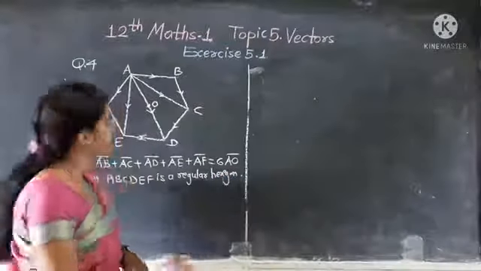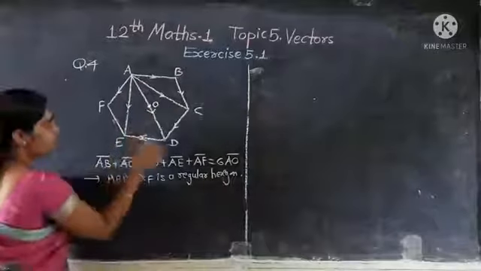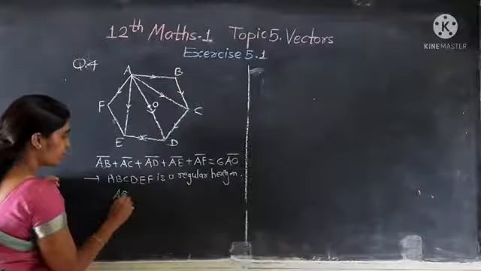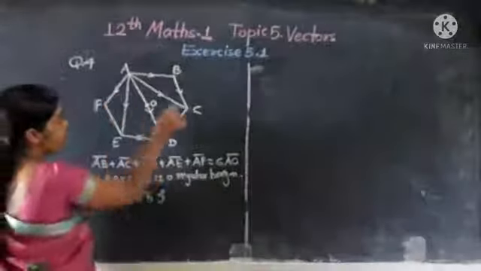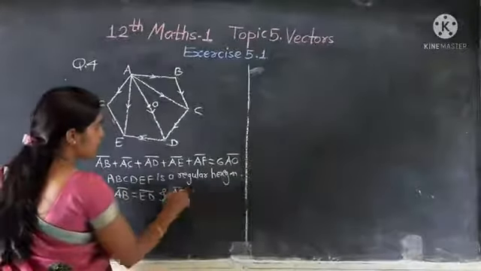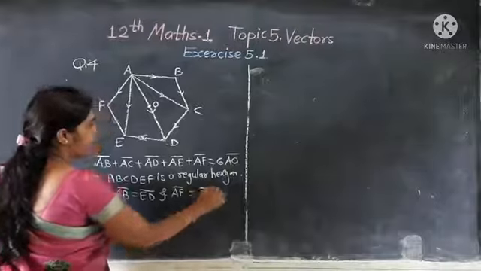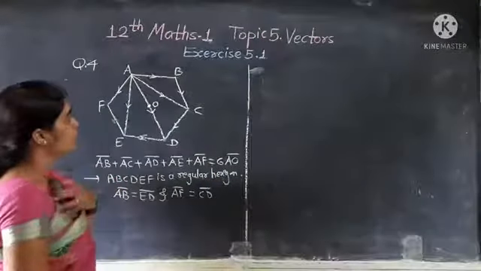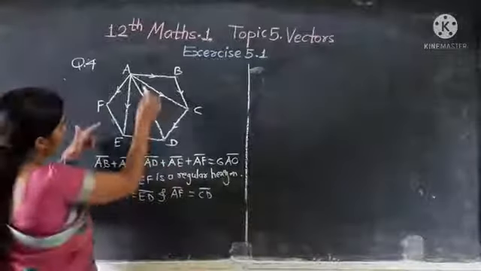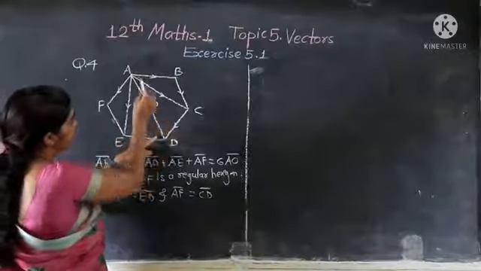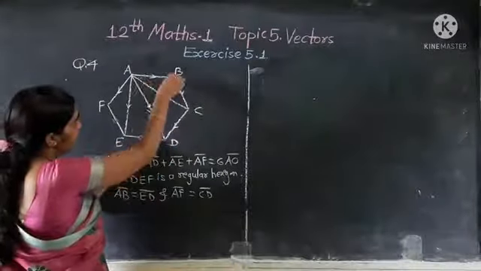So we can write AB bar is equal to ED bar. Also AF bar is equal to CD bar.